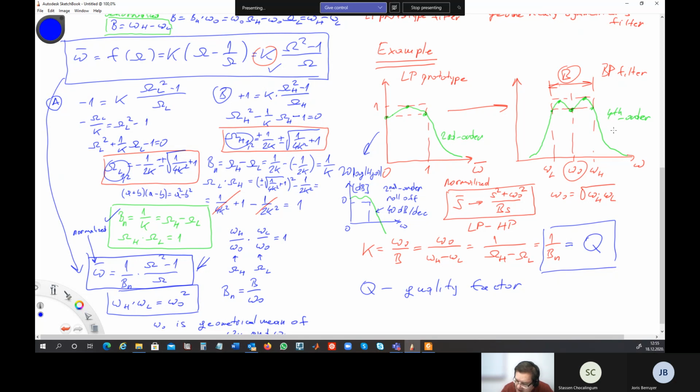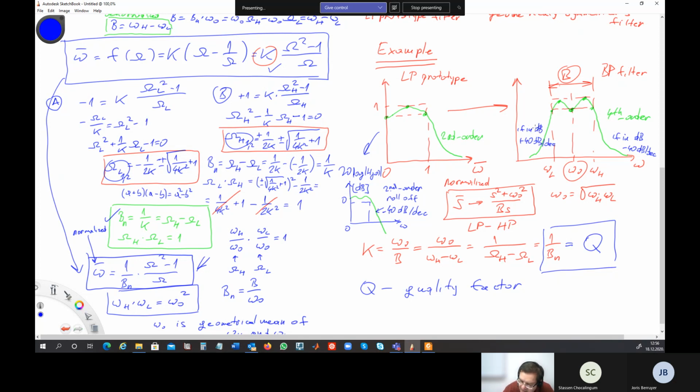So you will have minus 40 dB over decade here, and you will have plus 40 dB over decade here.